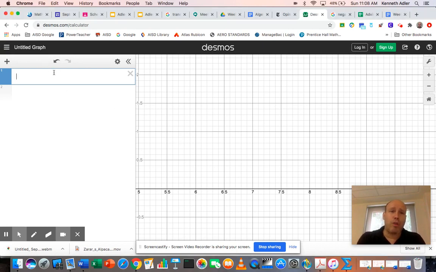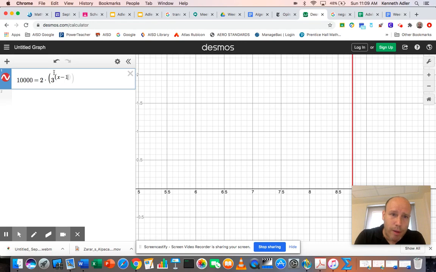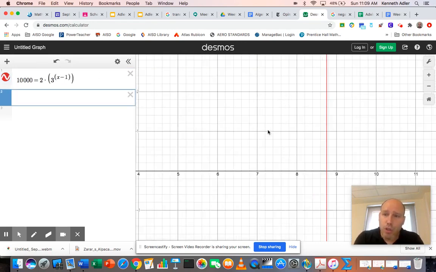And then you're going to put the equation that we just came up with: 10,000 equals 2 times, open parentheses, 3 raised, there's a caret at top, and then up there, x minus, open up another parentheses, x minus 1, close parentheses, return.